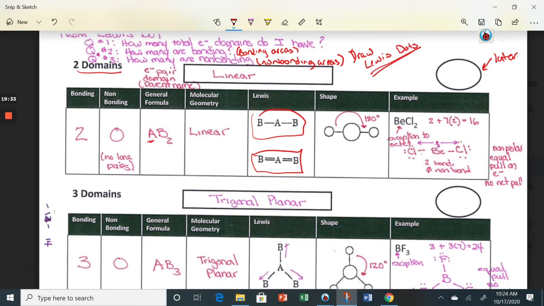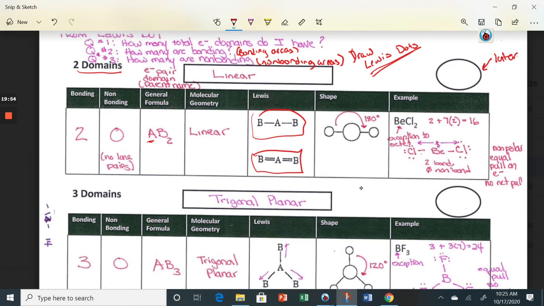And then here is an example: beryllium chloride. Remember, beryllium is the exception to the octet. So we total up our electrons, keeping in mind beryllium is the exception to the octet. You have beryllium in the center, a chlorine on either side. You have equal opposite pull. That's what these arrows are.